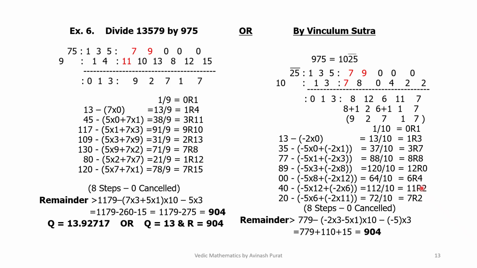Quotient is 11 and remainder is 2. So 220 minus (5 into 6 and plus bar 2 into 11), that is 22 plus 30, 56.